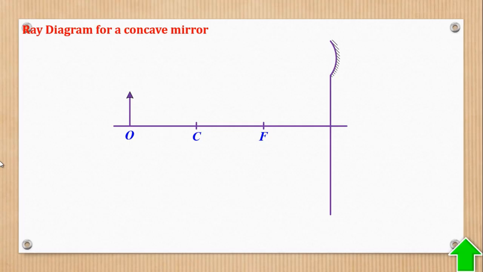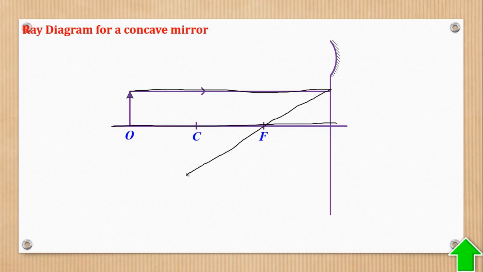Then we said a ray parallel to the principal axis. This is the principal axis. A ray parallel to the principal axis is reflected so that it passes through the principal focus, capital F. So let's see that reflection.